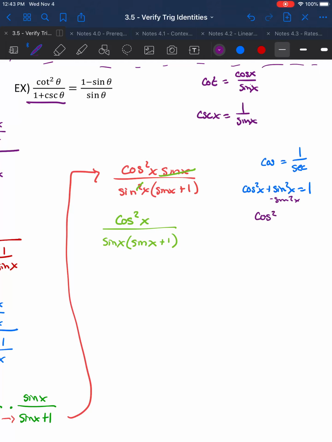If I subtract the sine squared over, I have that cosine squared is equal to 1 minus sine squared. And then I can plug that in. Let's see what that'll do. Okay, I'm at least to all sines. That's a good thing because that's where my end result is at. We want nothing but sines.